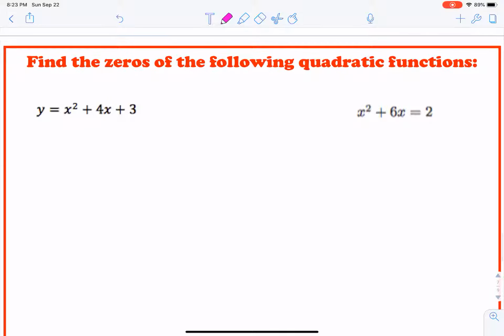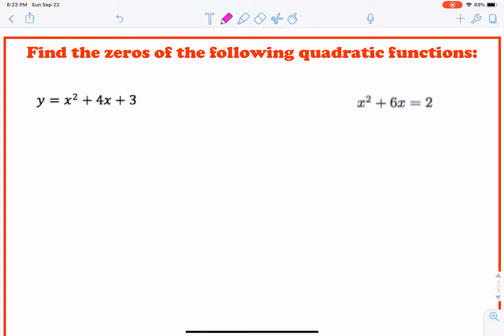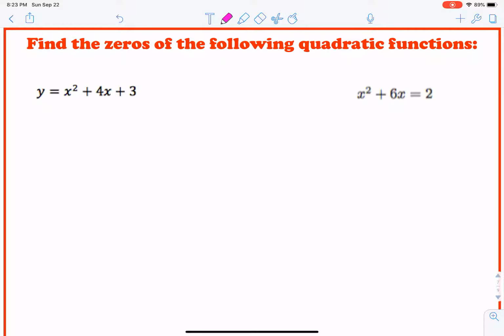So looking down here I have a few examples. I would like to first find the zeros of the following quadratic functions, but I would like to do so by completing the square. So the first thing that I want to do is think about what is going to be my piece that goes right here. And that's this second term, but cut in half. So I know that I'll have x plus 2.